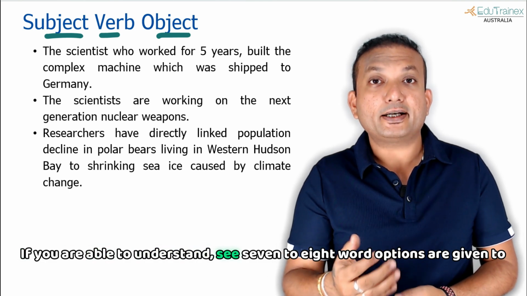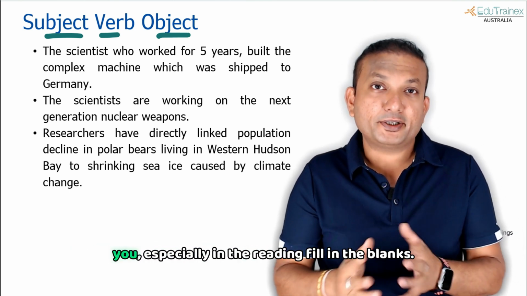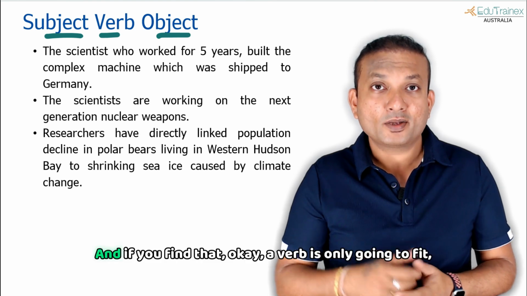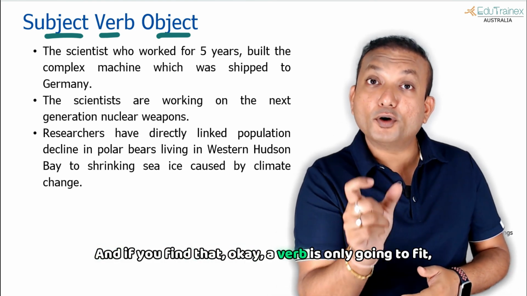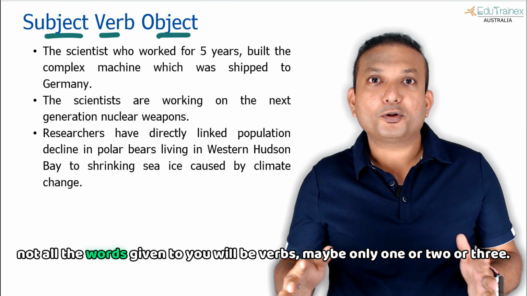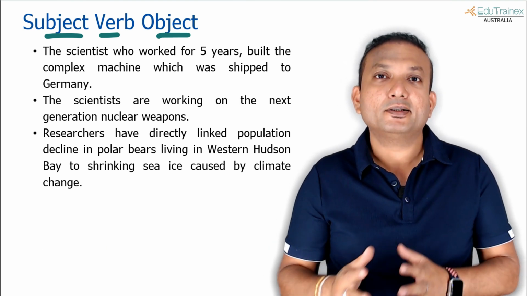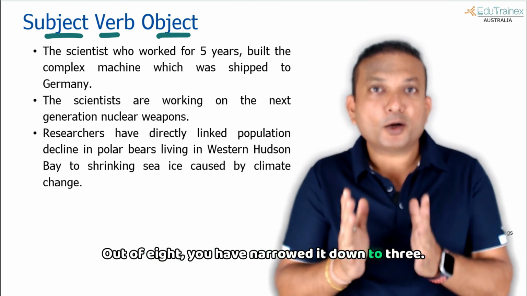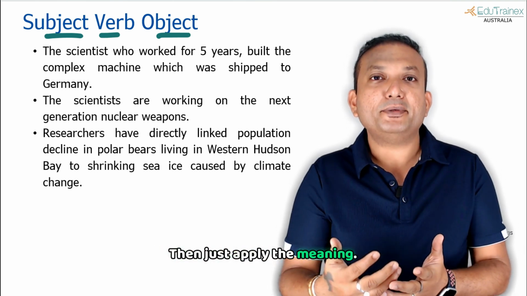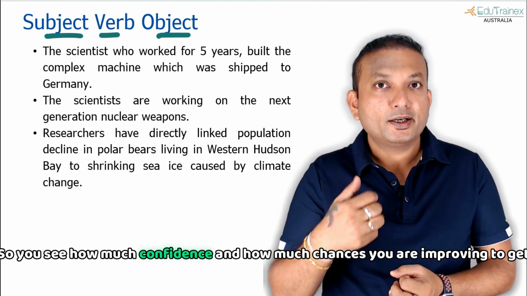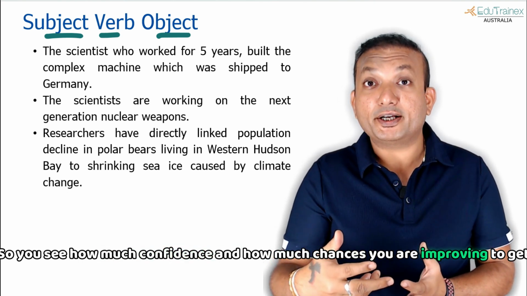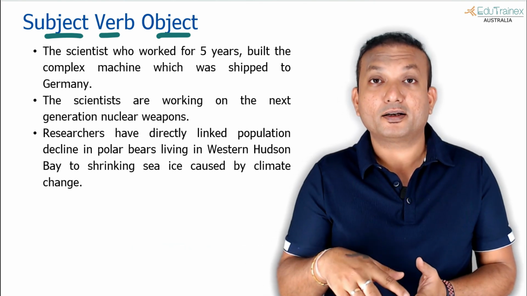See, 7 to 8 word options are given to you, especially in the reading fill in the blanks. And if you find that only a verb is going to fit, not all the words given to you will be verbs, maybe only 1 or 2 or 3. So out of 8, you have narrowed it down to 3. Then just apply the meaning. So you see how much confidence and how many chances you are improving to get the right answer.